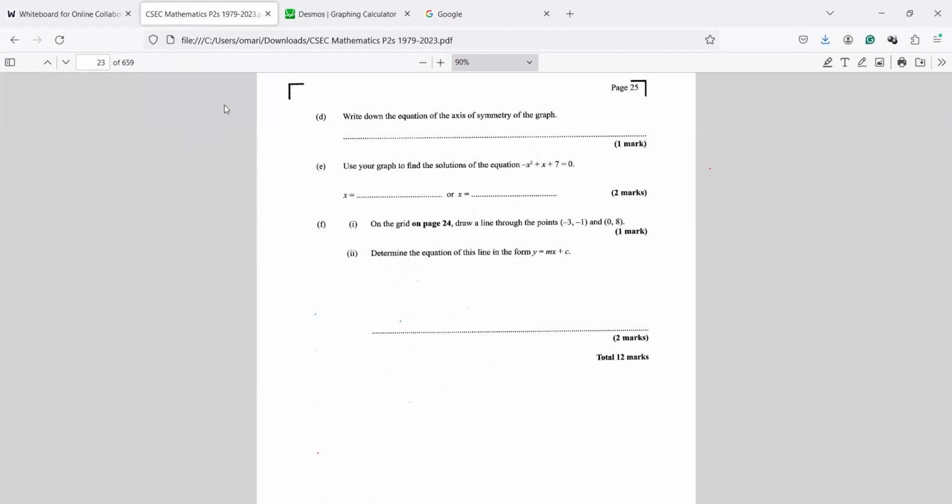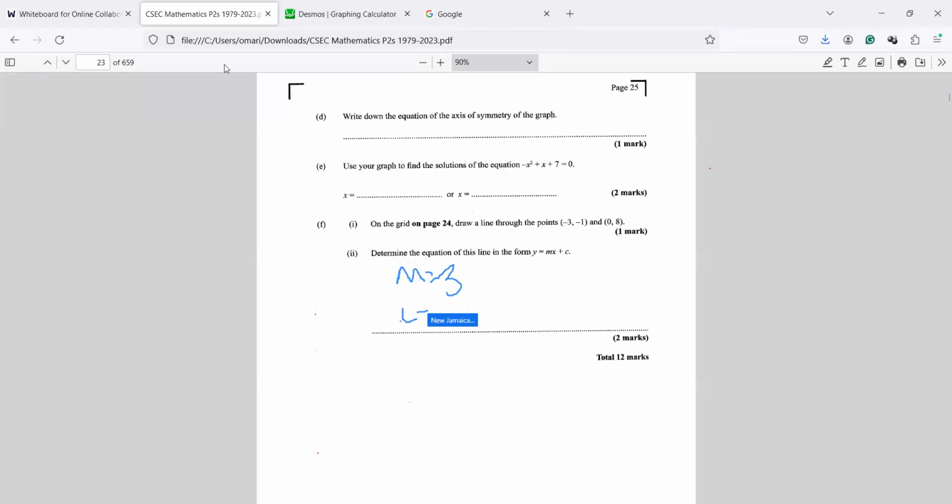So m is equal to 3. That's so terrible, man. M is equal to 3. And our c is equal to 8.